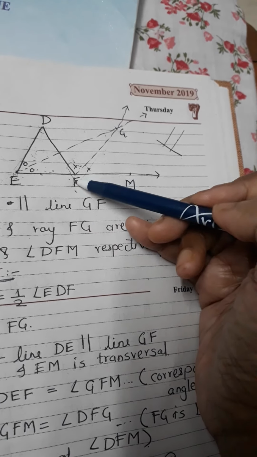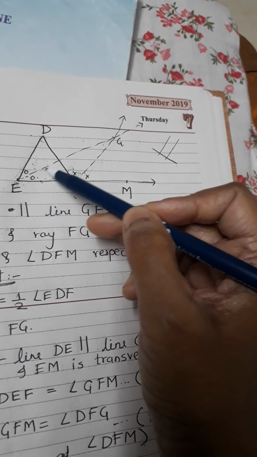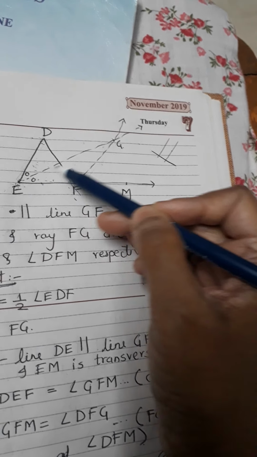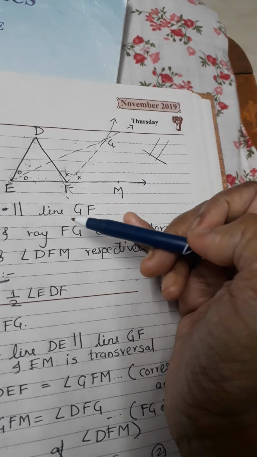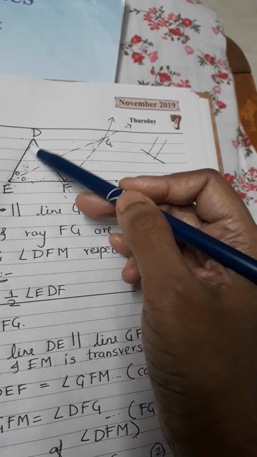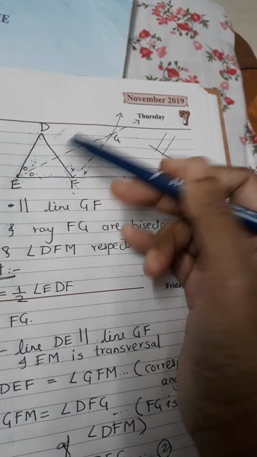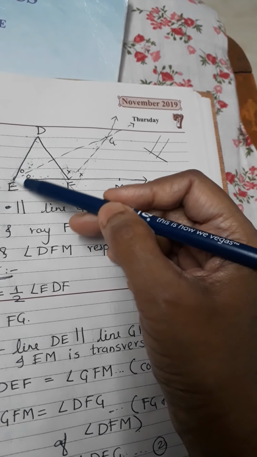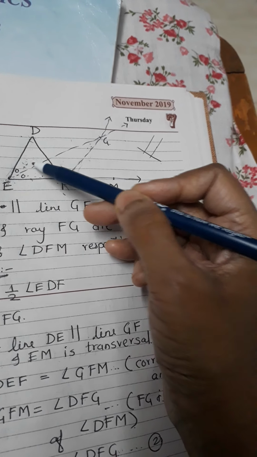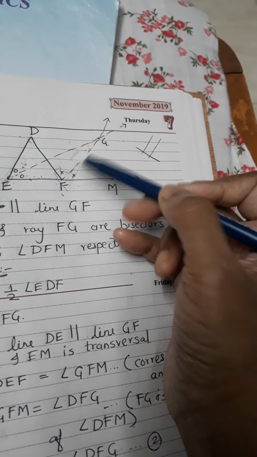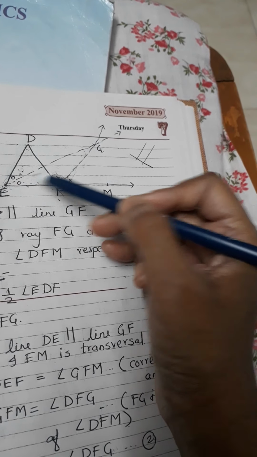See, these are the two parallel lines, and imagine EG is a transversal. So this and this are congruent. Why? Because they form a Z over here, that is alternate angles. These are the alternate angles, so they are the same, but these two are also the same. So this and this are the same. As these two are the same, the sides opposite to them will be the same.